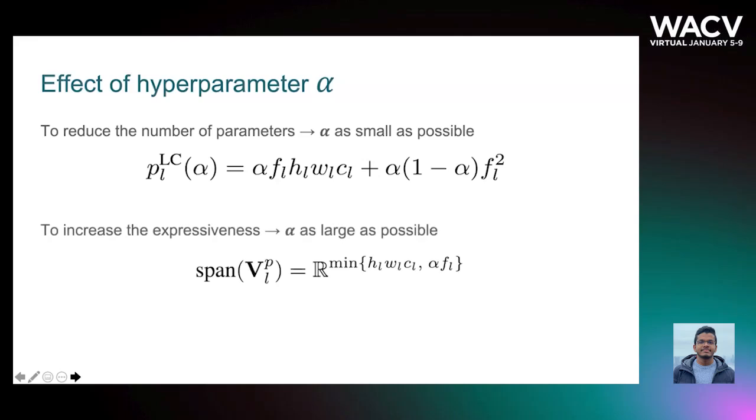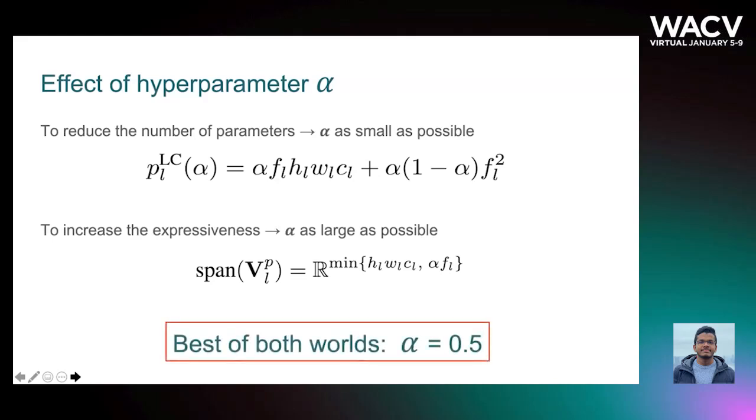At the same time, to increase the expressiveness of the filters, which directly corresponds to the span of the primary filters, we should make alpha as large as possible. To strike a balance between these two, we select alpha to be 0.5 and we validate this claim by our ablations.